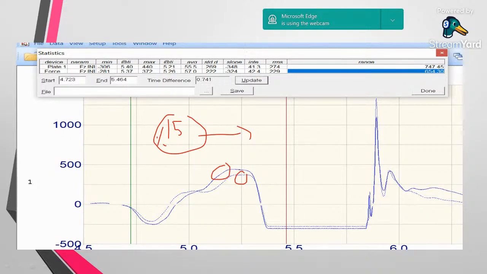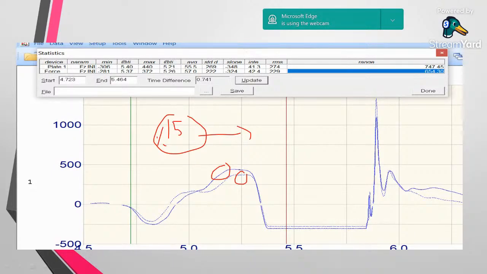Using a certain strength and conditioning program, you have to take care of this asymmetry. Otherwise, both your strong leg and your weak leg have the capacity to get injured if you have more asymmetry.